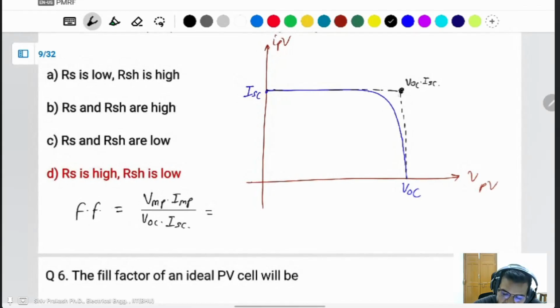If you can get this power from the PV cell, then the fill factor is very high, it will be 1.